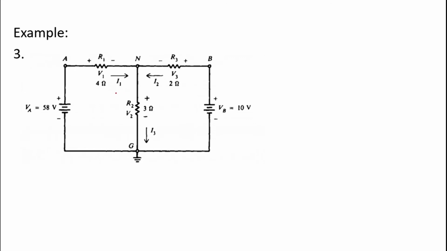Na si I1 is entering the junction at node N. And then I2 is also entering the junction. And then si I3 naman is leaving the junction. So, gagawa ka ngayon ng equation ngayon dito para malaman mo kung ano yung value ni I1, ni I2, and then ni I3. Gawin natin yung for the equation.